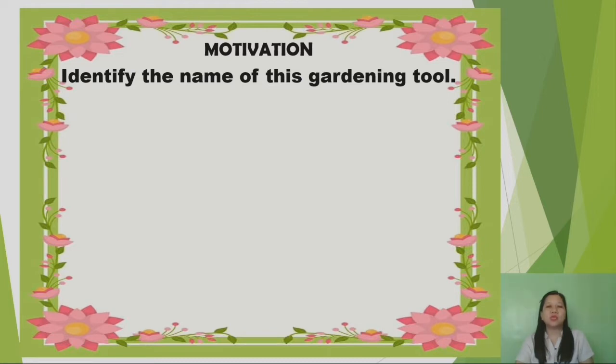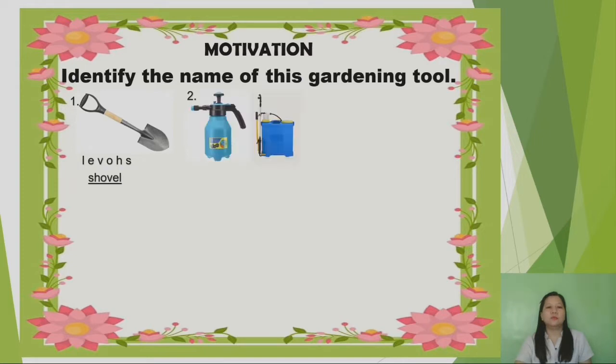Class, now I am going to show you some pictures and I want you to tell me the name of each picture. Number 1. What is in the picture? Yes, it is a shovel. How about number 2? Yes, it is a sprayer. How about number 3?